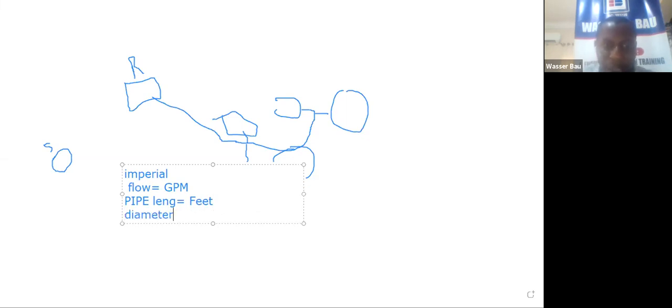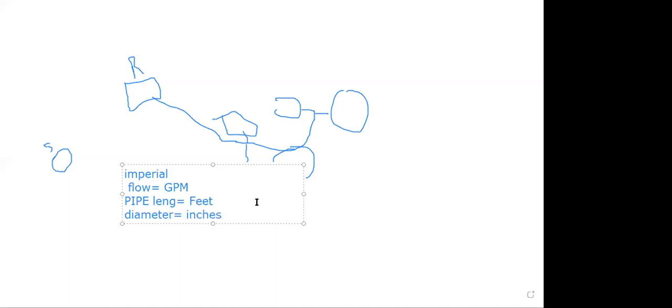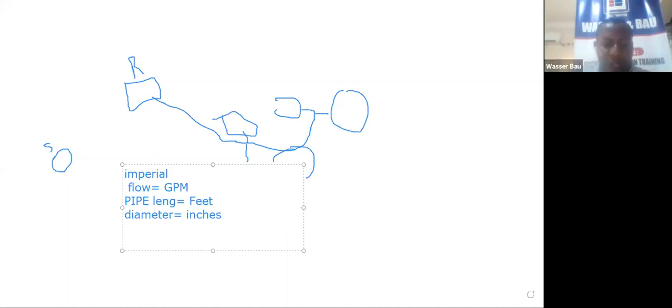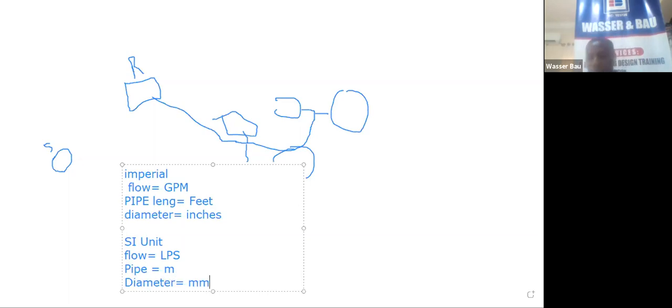Pipe diameter is in inches. Then in SI units, the flow will be liters per second. The pipe length, meters. The diameter, millimeters.